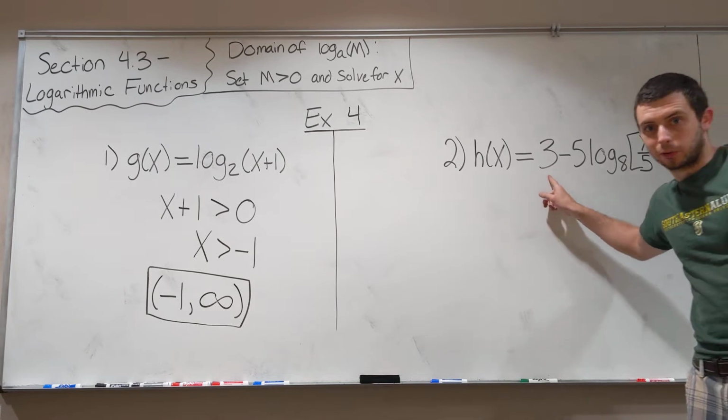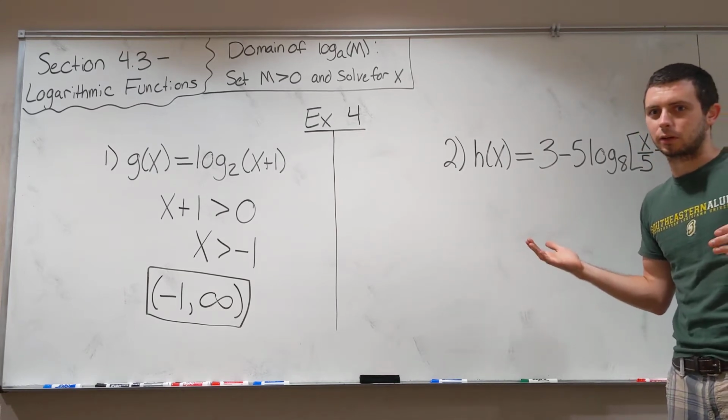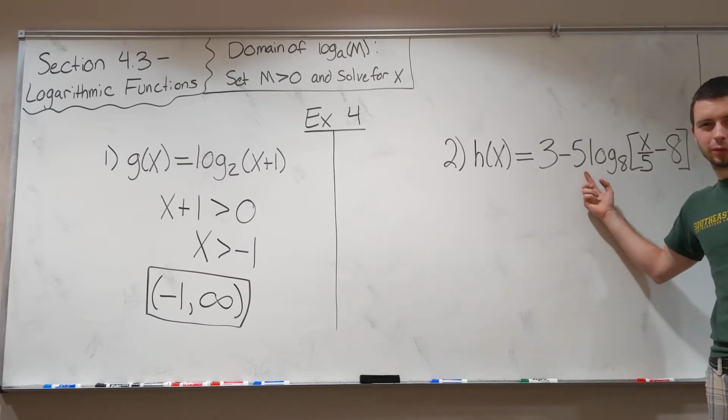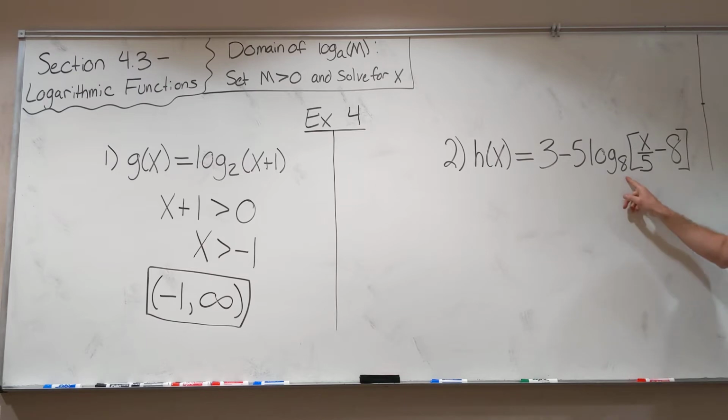So is this 3 within the logarithm? No. So it doesn't matter when it comes to the domain. What about the -5? Is that in the logarithm? No, it's not. So we ignore it. The 8 here, by definition, we ignore the subscript.